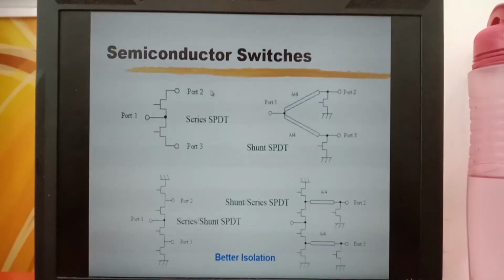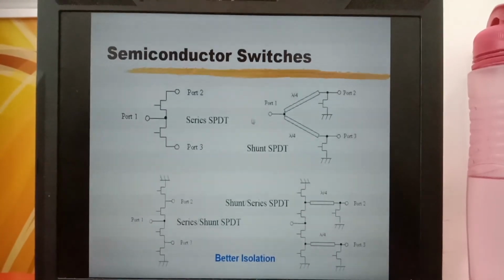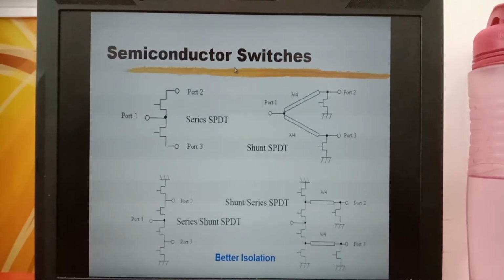There are different designs of semiconductor switches. We can design a single pole double throw switch in a series configuration or a shunt configuration.